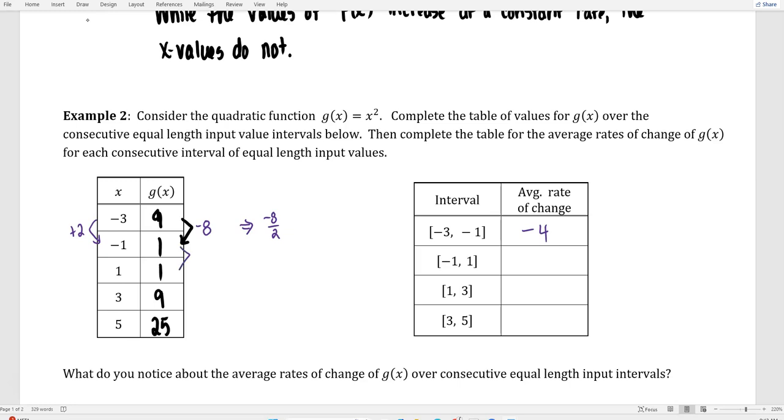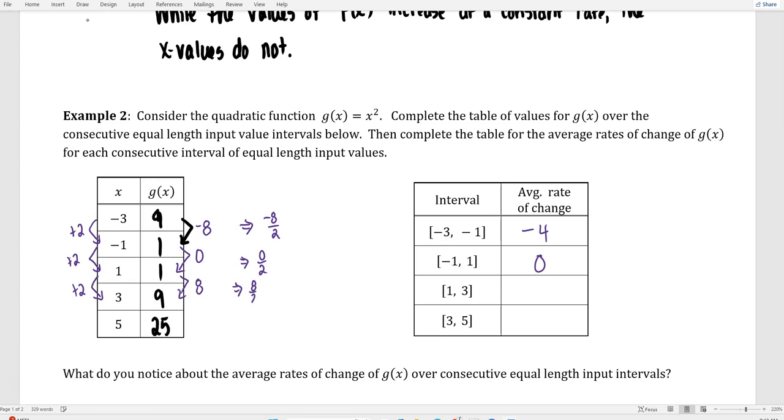From 1 to 1, well, that changes 0, right? While the x values go up by 2. And so that'll give me 0 over 2. So I'll get 0. Then I've got 8 right here. Notice all of my x's are increasing by 2.